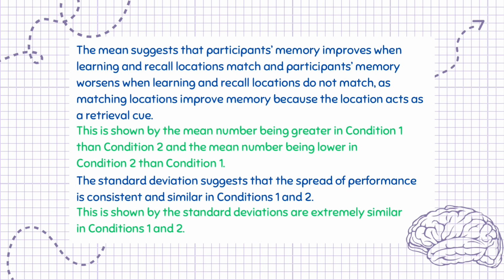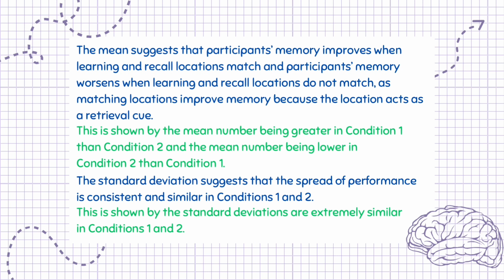This is shown by the mean number being greater in Condition 1 than Condition 2. The standard deviation suggests that the spread of performance is consistent and similar in Conditions 1 and 2, as the standard deviations are extremely similar.